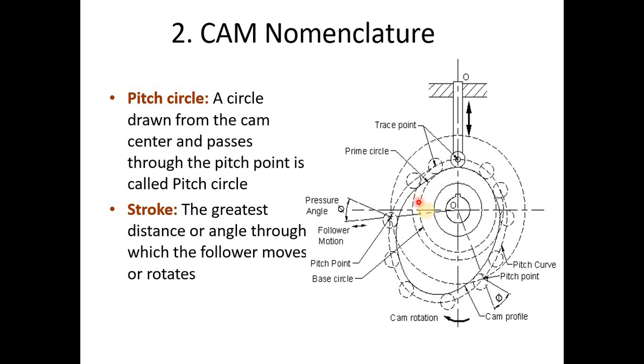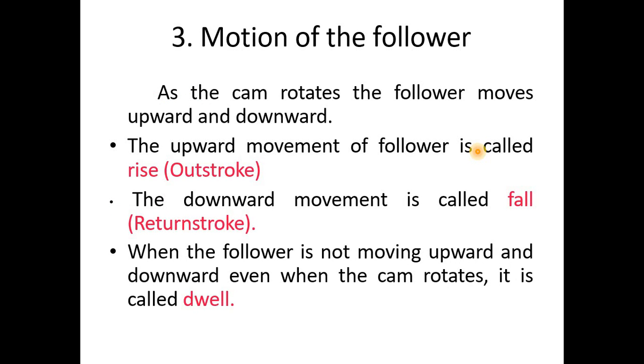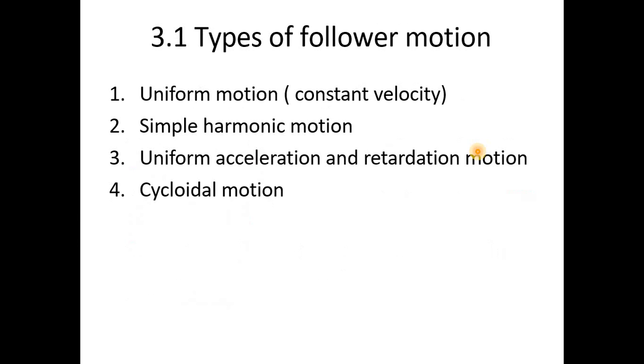But in some instances, it will not move from its original position. It will remain as it is. This period, where there is no upward or downward motion, is called the dwell period. The follower remains constant at the same position, what we call the dwell of the follower.